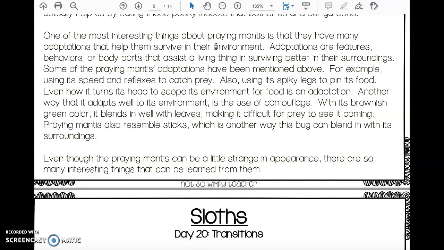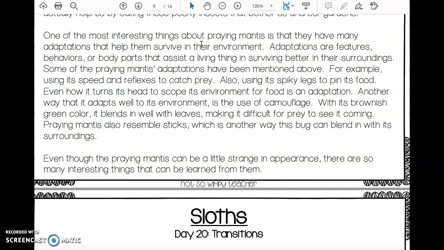Even how it turns its head to scope its environment for food is an adaptation. Another way that it adapts well to its environment is the use of camouflage. With its brownish green color, it blends in well with leaves, making it difficult for prey to see it coming. Praying mantis also resembles sticks, which is another way this bug can blend in with its surroundings.